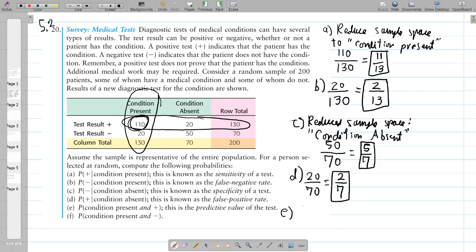Now here we're not conditioning on, say, the total 130. We're conditioning on all the cases. So it's over 200. So we get 11 over 20 when we simplify.